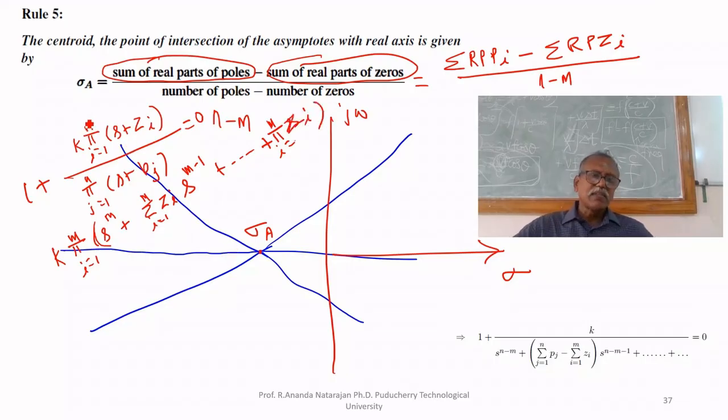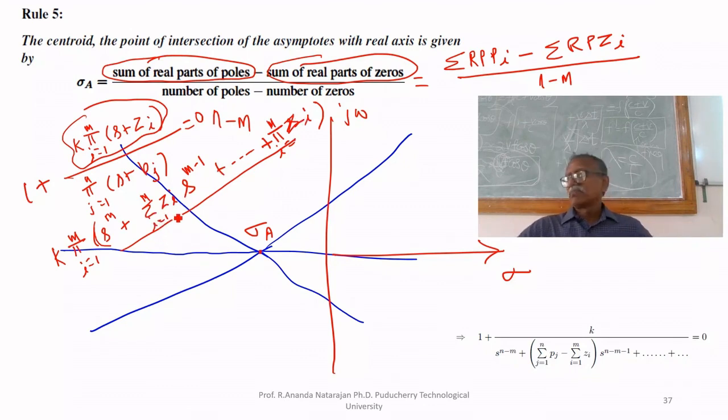If you expand this, you will get a polynomial like this. The first term is s power m, the second term is s power m minus 1, the last term is s power 0. The coefficient of the second term is the sum of all zeros. The coefficient of the last, constant term is the product of all zeros.